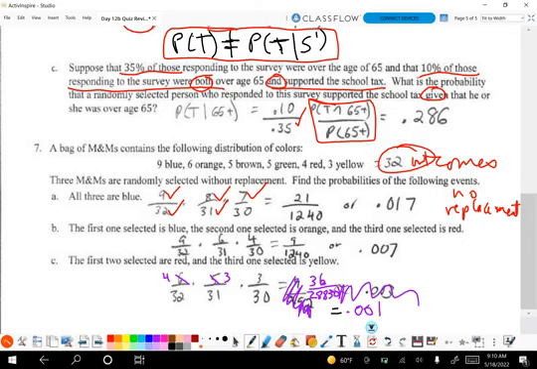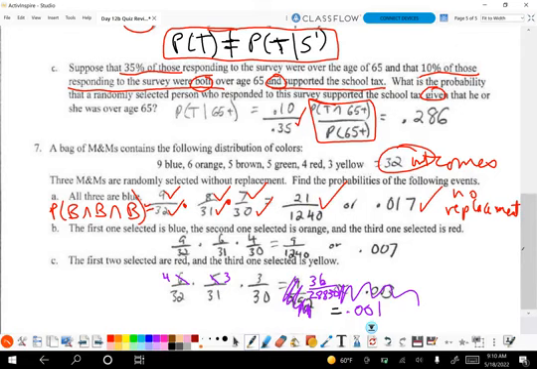And now at the end, for the third pick, I have 30 M&Ms left, and only 7 possible that could be blue. So this is intersection. All 3 blue means probability of blue, intersection probability of blue, intersection probability of blue. So I'm going to multiply our probabilities. You can give it as a fraction, or you can give it as a decimal.